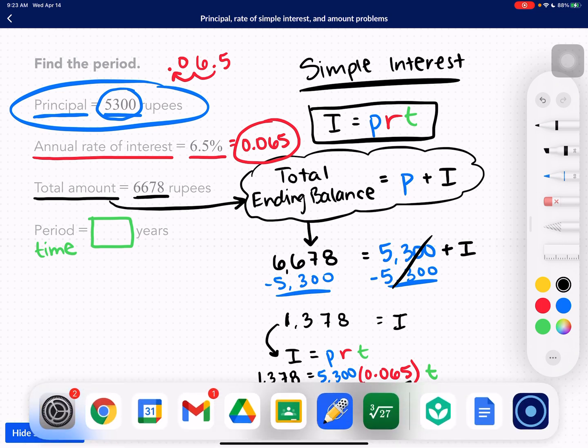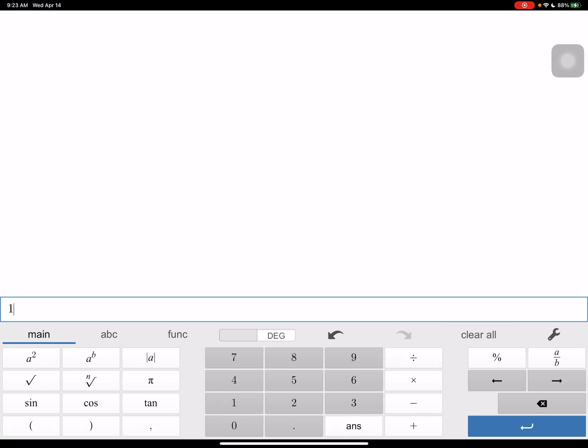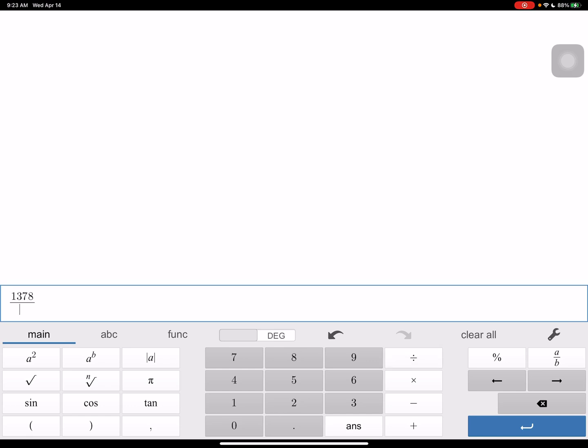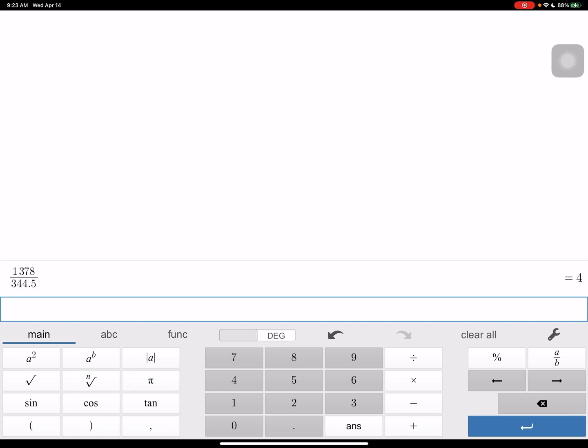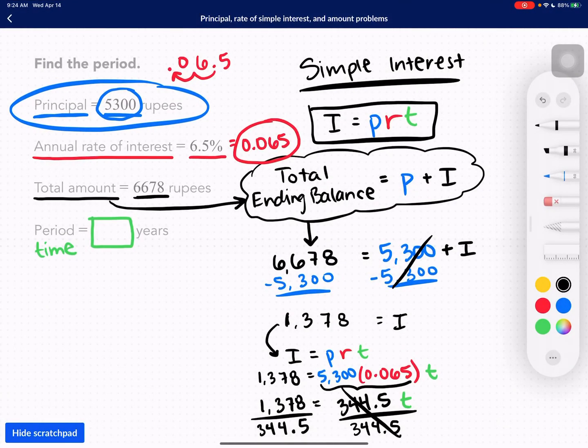Okay, so here if I go to my calculator, I have 1,378 divided by, I think it was 344.5. That came out very nicely. Our answer is 4. Okay, so that means our time is 4 years. So here we got t equals 4.